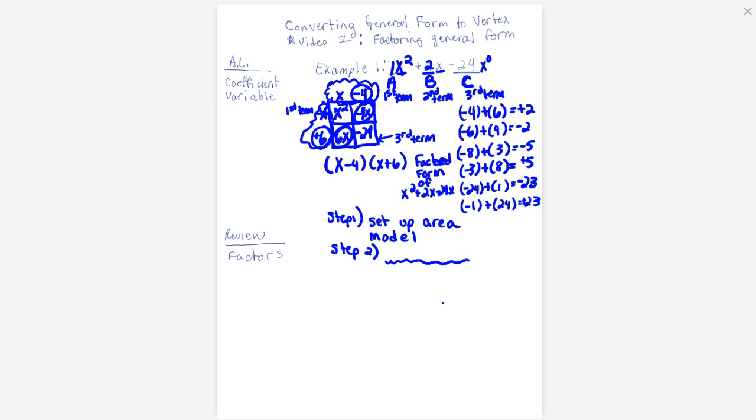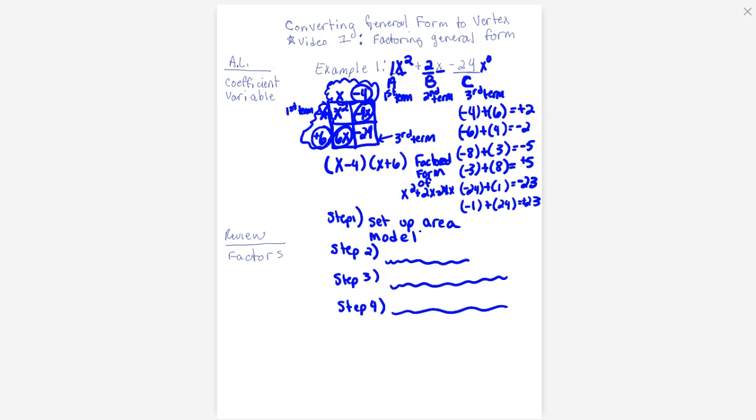And this way I know that you have listened to my notes and not just written down what I had on there. So step 2 is fill in the parts that you know.